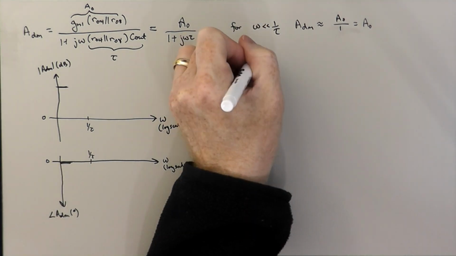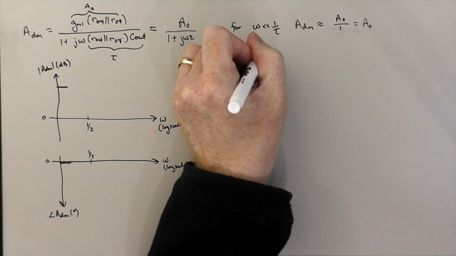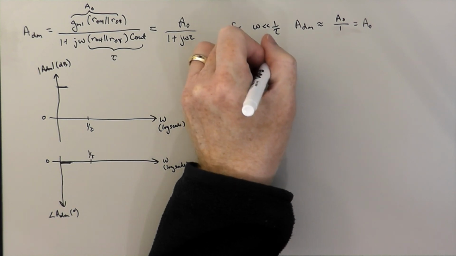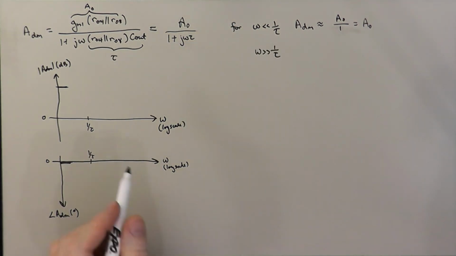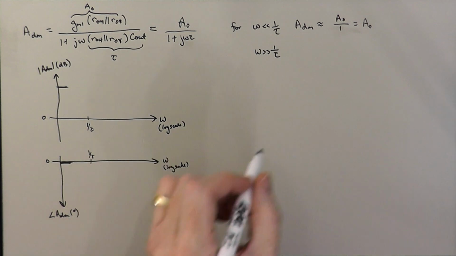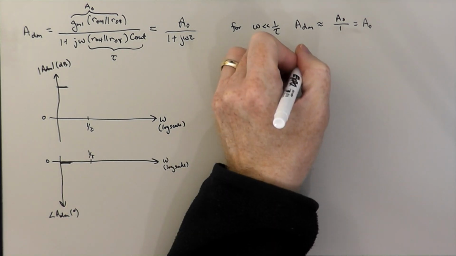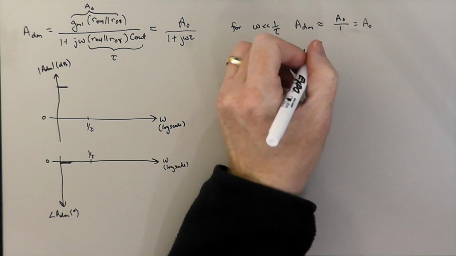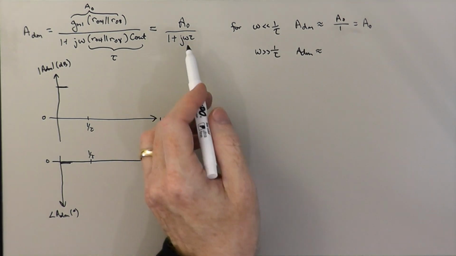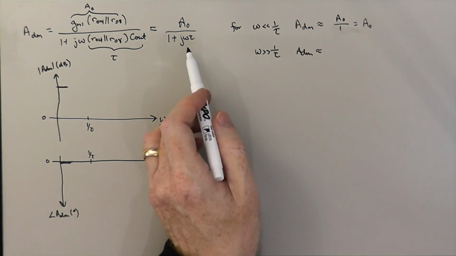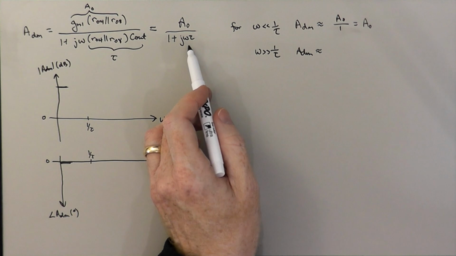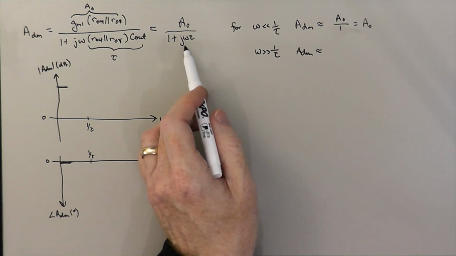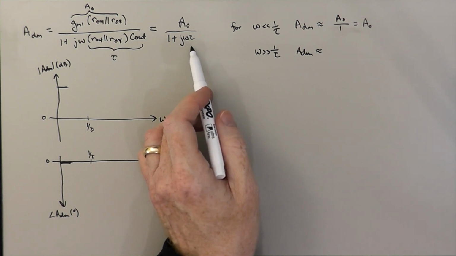And so if we're in this region here, we're in this region here, and this region here. So if we look at omega much greater than 1 over tau, this would be somewhere over here. ADM is going to be, well, if omega is much bigger than 1 over tau, then it's the imaginary term that's going to dominate down in the denominator.